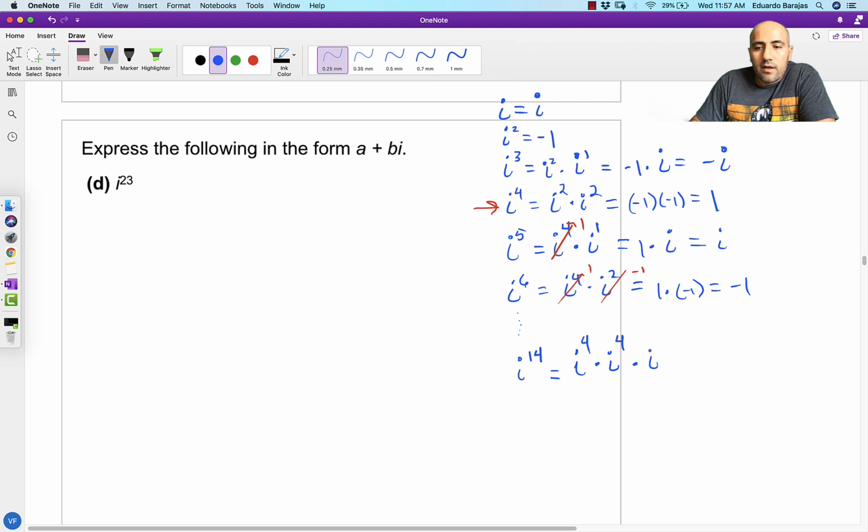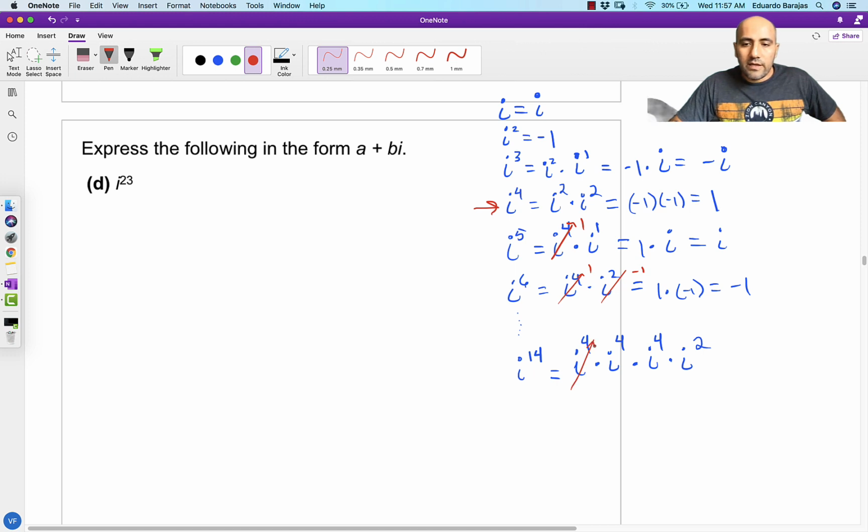I can do one more: i to the 4th power, that's 12, times i to the 2nd power. Right? We know from our properties of exponents that if we have the same base and we're multiplying them, we add the exponents. So this is 4 plus 4 plus 4, that makes it 12, plus 2 makes it 14. And the reason we do this is because all of these turn out to be 1.